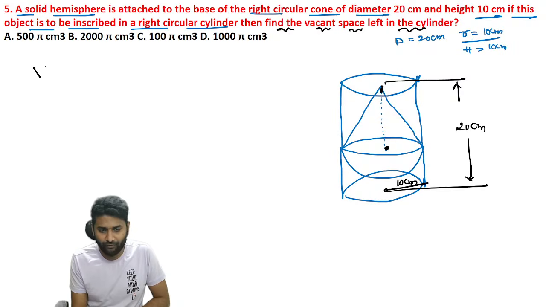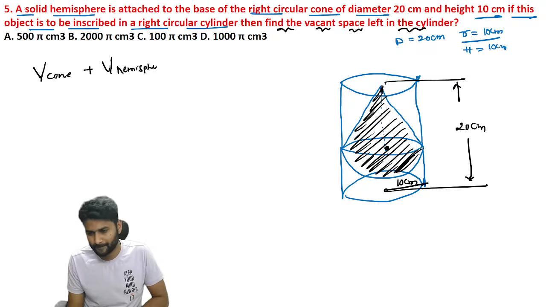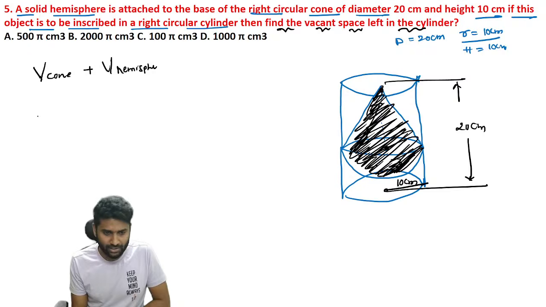First of all, find the volume of the cone and the volume of the hemisphere. So we are trying to find the volume of this particular space. First we calculate the volume of this entire space, because it is a combination of a cone and a hemisphere. As you know, the volume of the cone is 1/3 pi r square h.